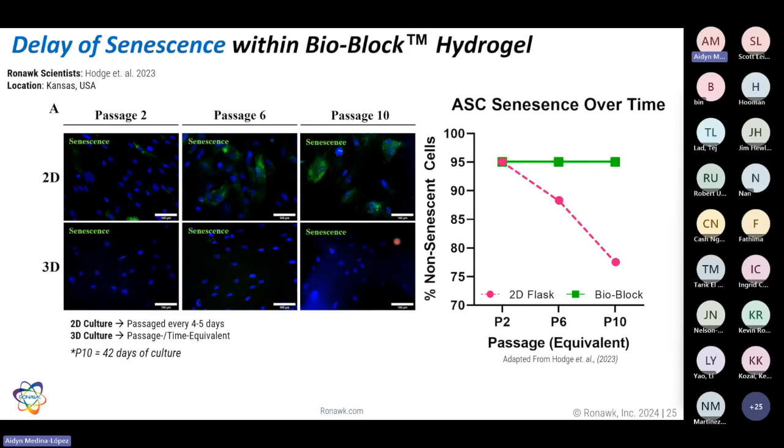And this data was then visualized like this, and we can see that the non-senescent cells stay stable over time in the bioblock, while in the 2D class, you can see how they start decreasing because their senescence starts increasing over time.